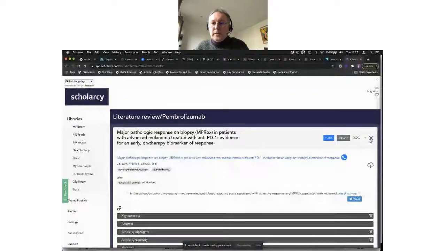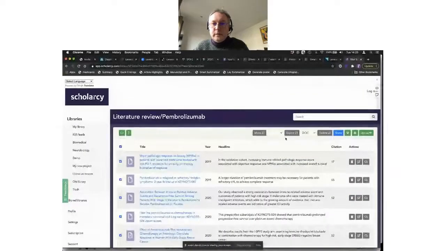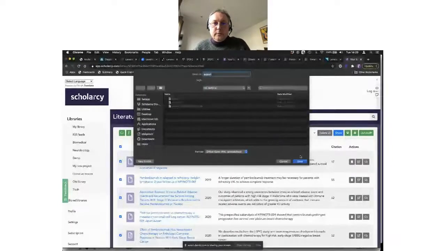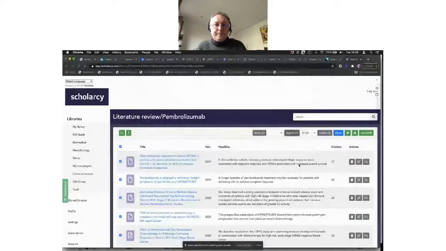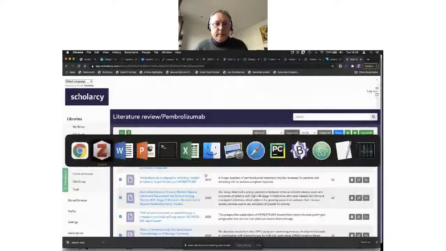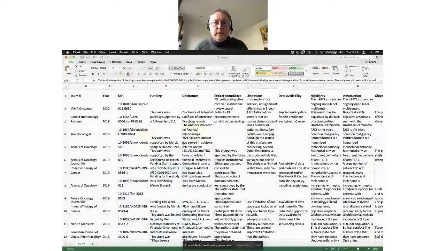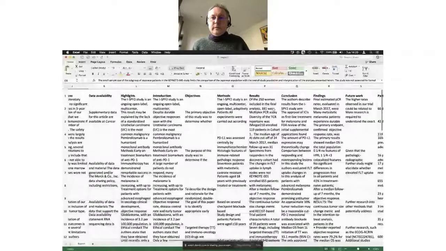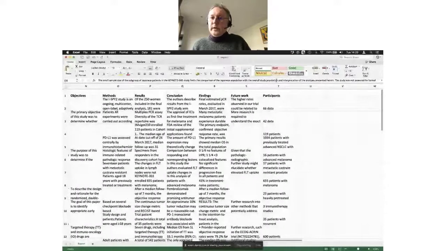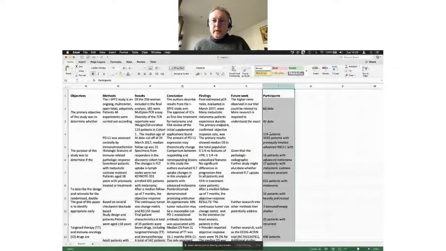So let's do that now. So I'm going to export these 23 papers to Microsoft Excel, and it's going to download my Excel file, which is great. And I'm going to open that up in Excel now, and here it is. So you can see all that summary information that Scholarcy extracted is now in a spreadsheet for us, which is great because we can now see how the studies compare.